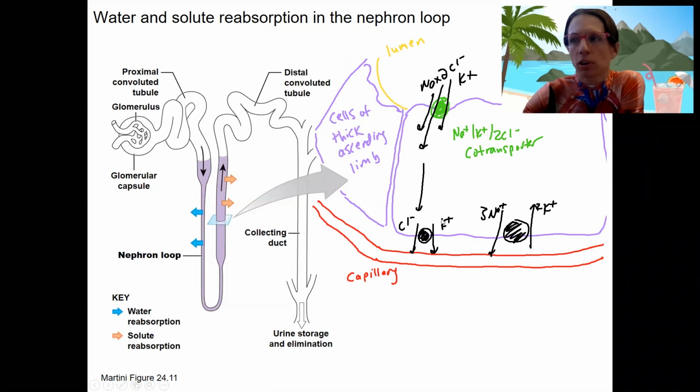This co-transporter, symport, same direction, is passive transport, so it's not a pump. It does not require ATP, and you know that because we're going down our concentration gradients, right? Chloride moving out, potassium moving out, that's down our concentration gradients.